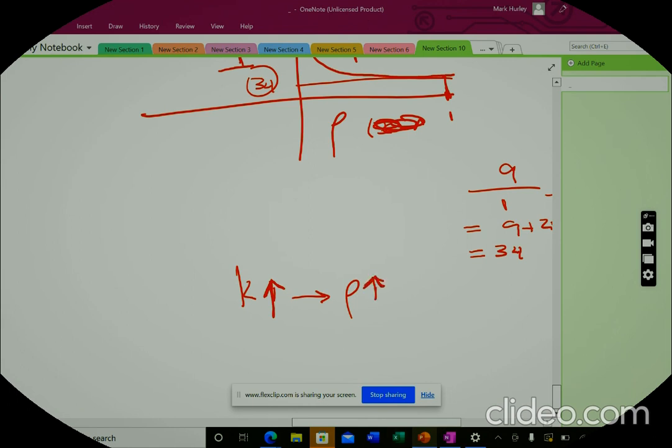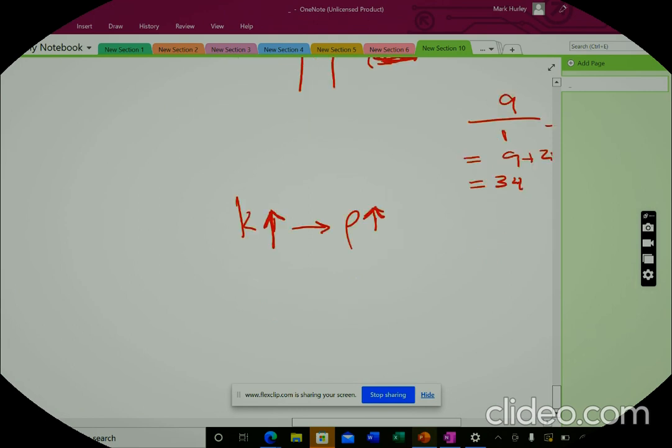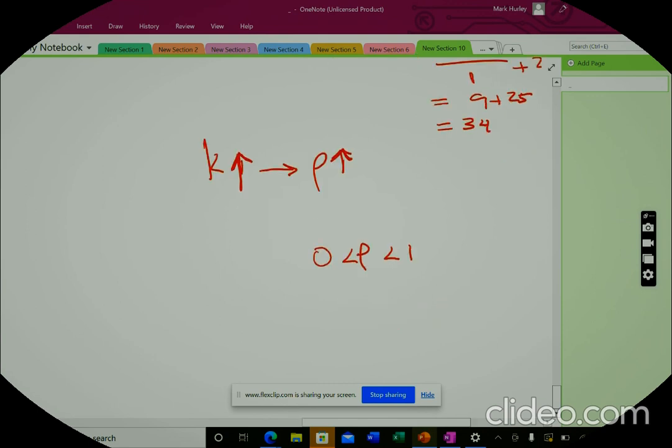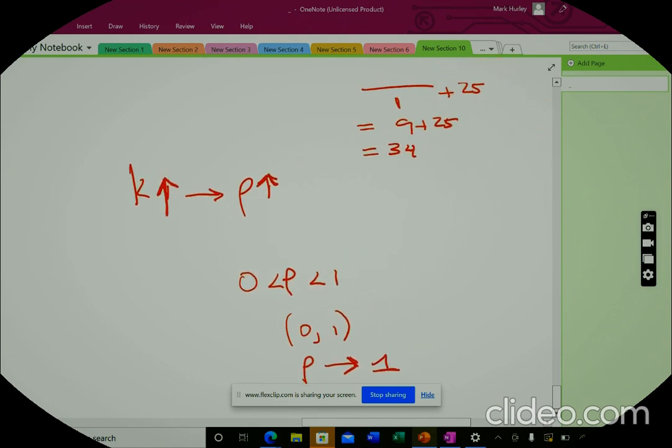You want the proportion to approach 1, because we know that 0 is less than P is less than 1. We want P to approach 1 for maximum efficiency and minimum heat loss.